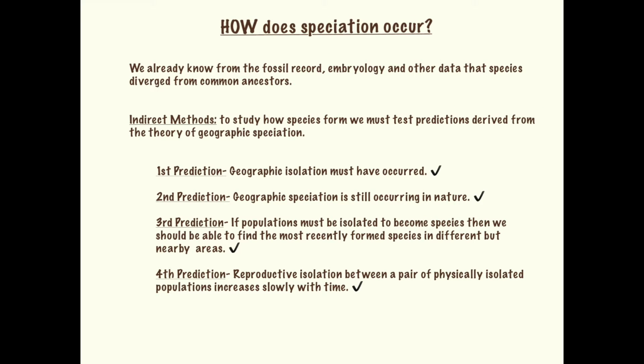How does speciation occur? We want to see geographically separated populations turning into new species. In order to see that, we use indirect methods that test predictions taken from the theory of geographic speciation. There are 3 predictions that are true and important.